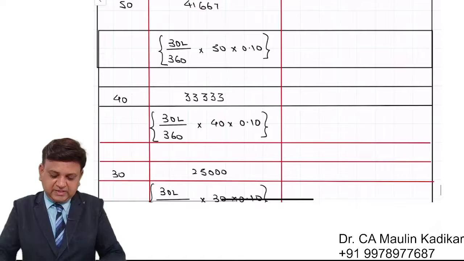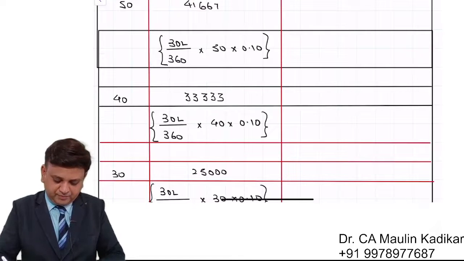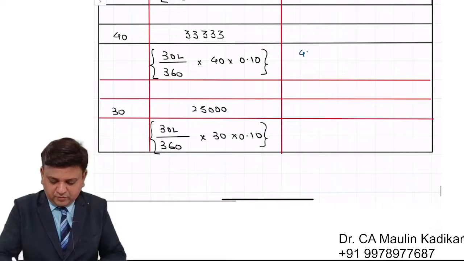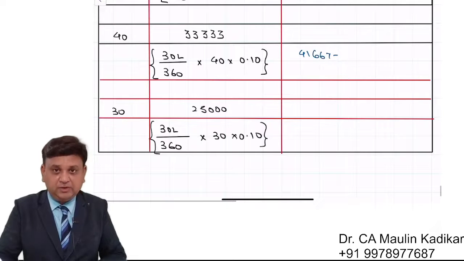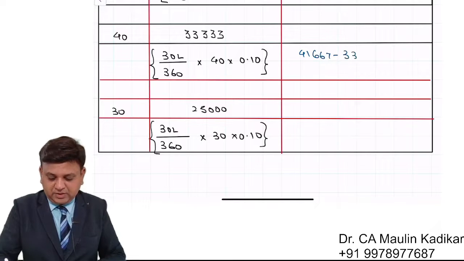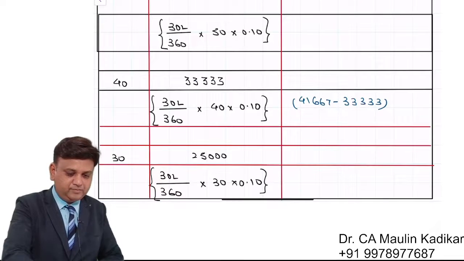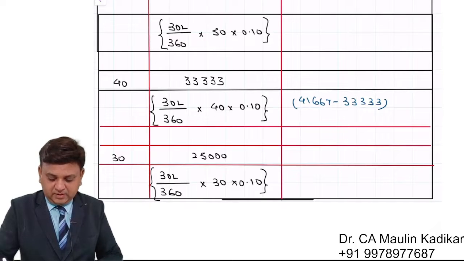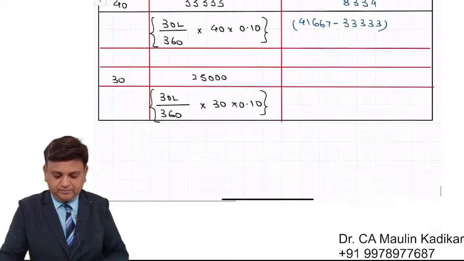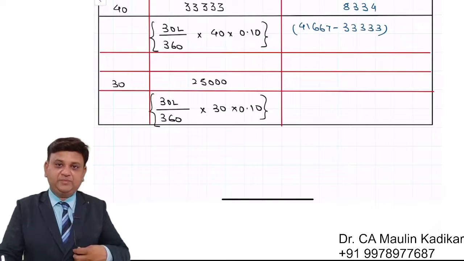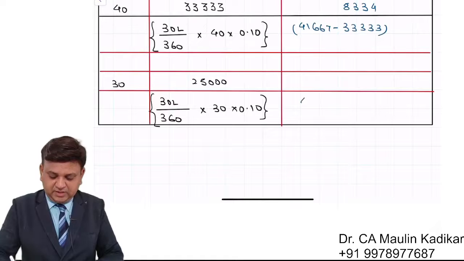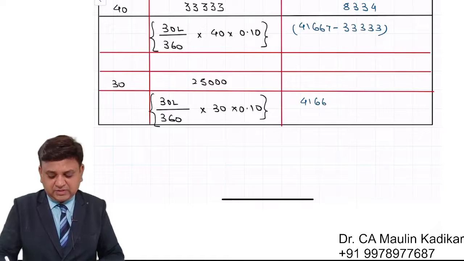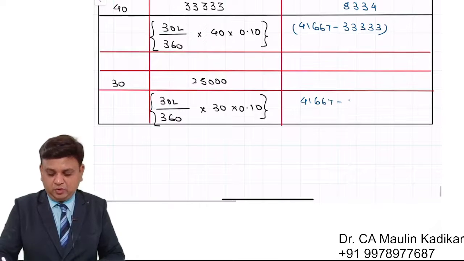So we understand that the carrying cost will reduce from 41,667 to 33,333. So it reduces by 8,334. Now in case of 30 days, importantly understand that it reduces from 41,667 to 25,000.